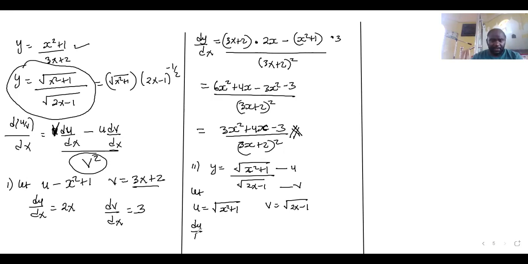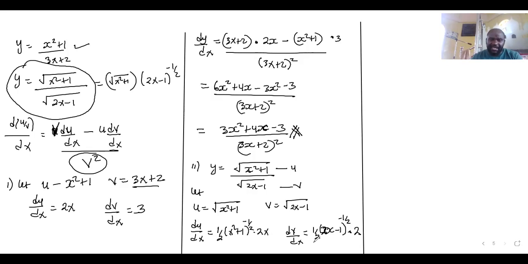So du/dx is a half of (x squared plus 1) to the power negative a half, times 2x. Then this second term, dv/dx, is a half of (2x minus 1) to the power negative a half, times the derivative of the inside term, which is 2.